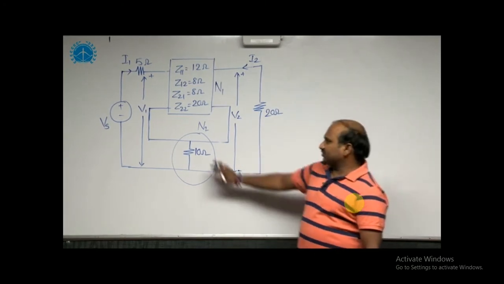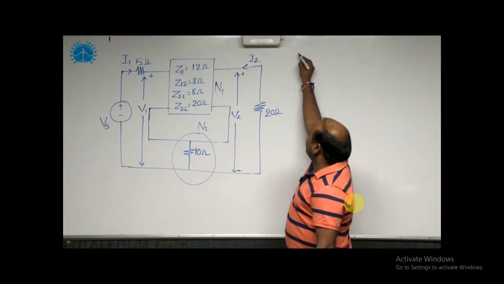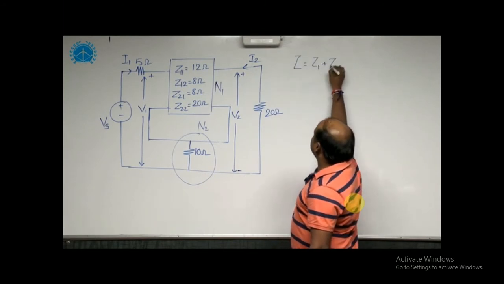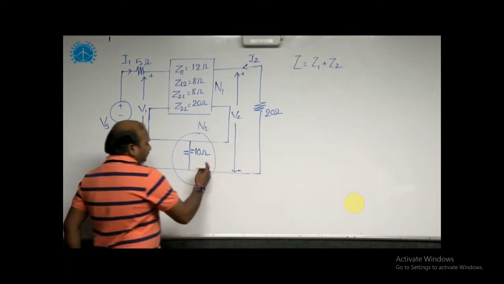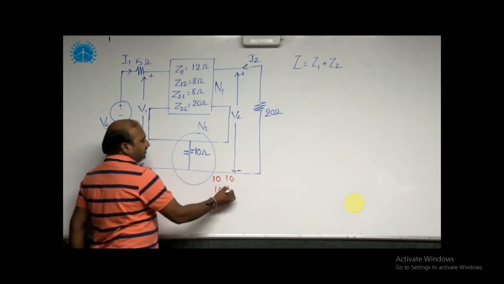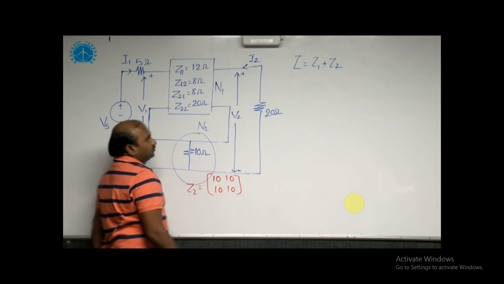Now, once you get the Z parameters of this one, then you will get the total network Z parameters. Z is equal to Z1 plus Z2. Here, the Z2 values I can take as 10, 10, 10, 10. This is Z2 for network 2.